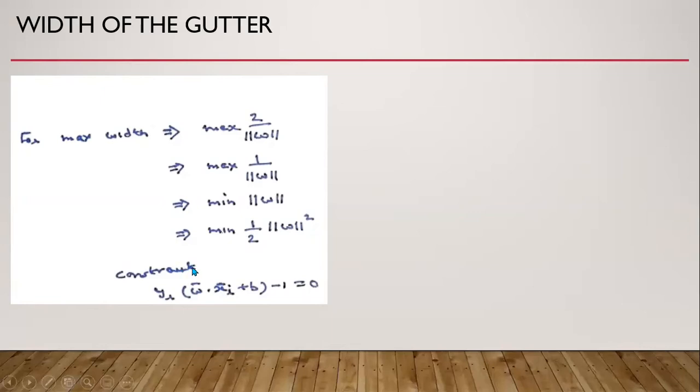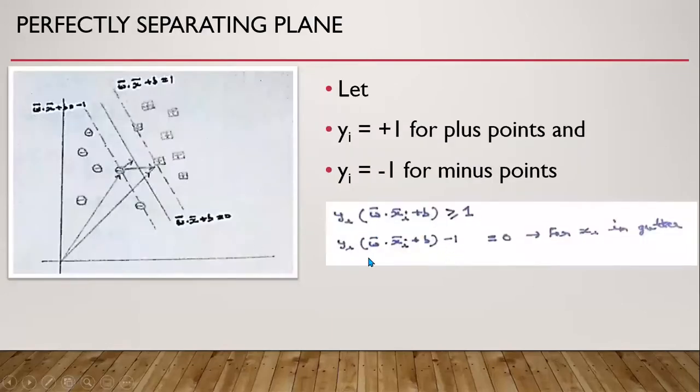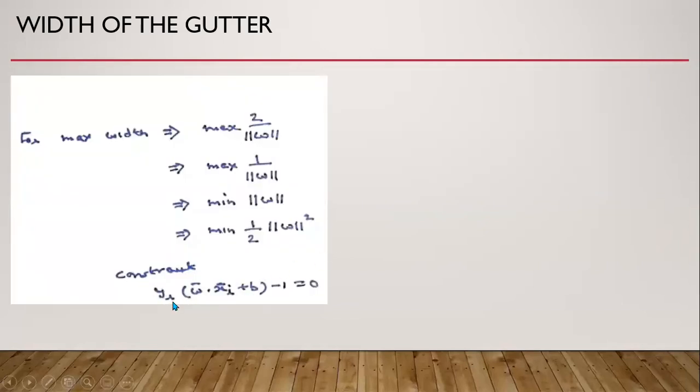But the constraint here, as we have seen in our previous slide, is that yi multiplied by the dot product of vector w and xi plus b minus 1 is equal to 0. So this is our constraint, and this is our optimization problem.